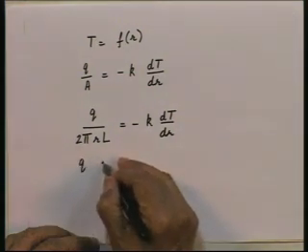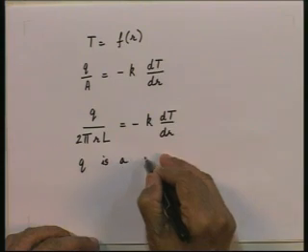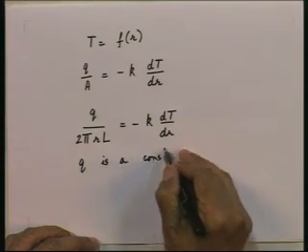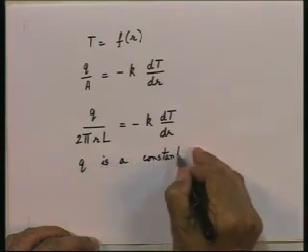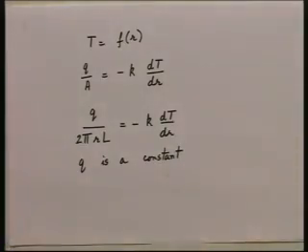Just like we had shown in the previous case, we can argue that Q is a constant by using the first law of thermodynamics. Q has to be a constant. So, again integrate this expression.